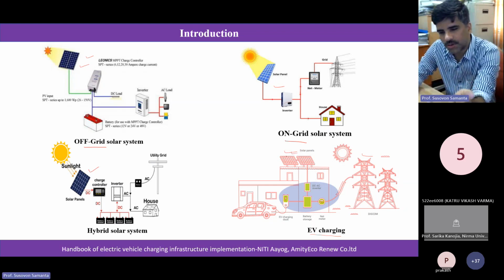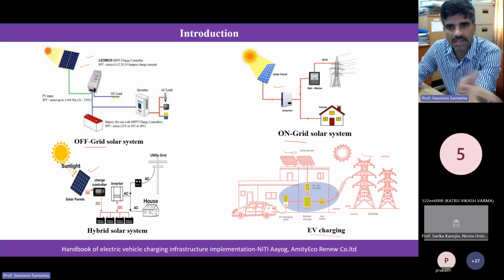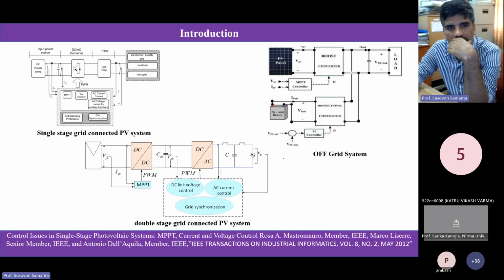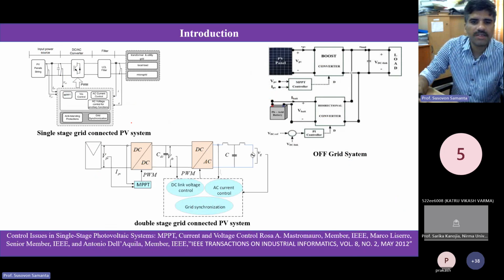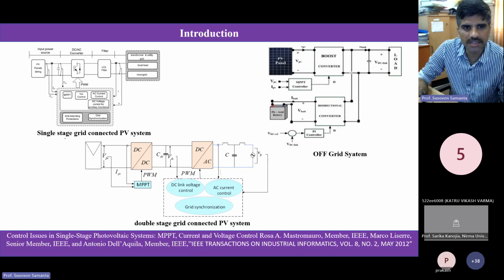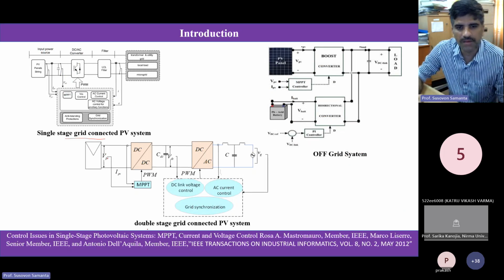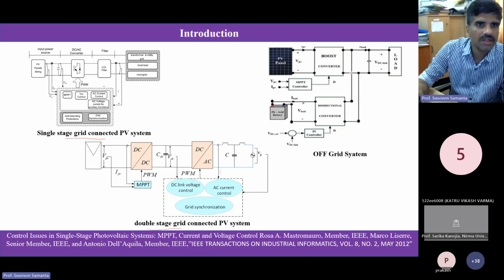Now, if you go a little bit deeper into this circuit, because it's kind of a block diagram, if you come to the corresponding circuit diagram, then for this grid connected system, we may have a single stage grid connected system, or we may have a double stage grid connected system.